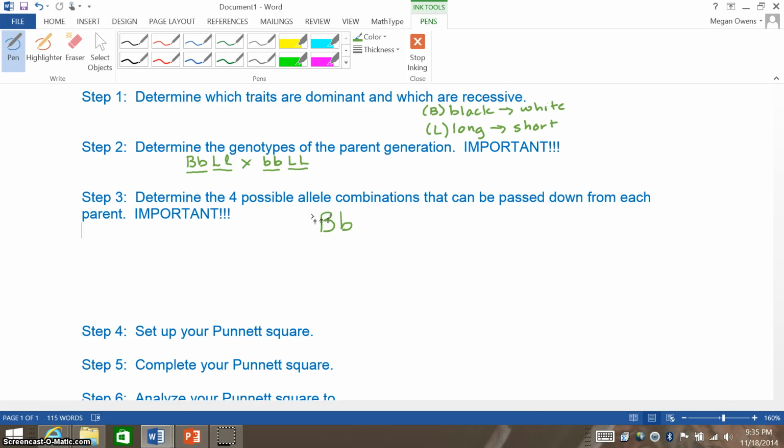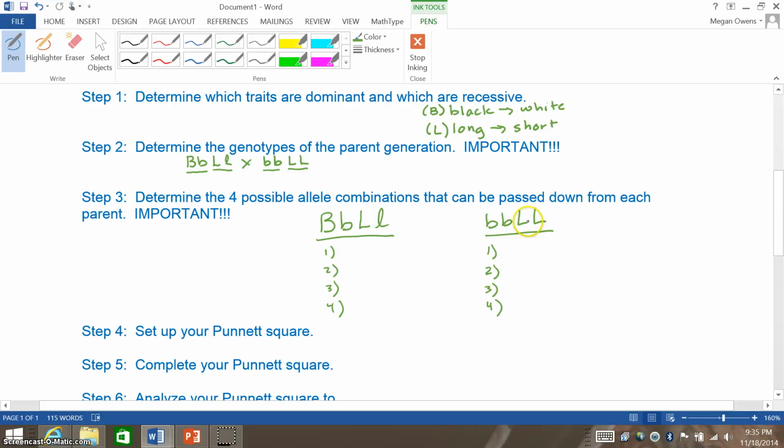So parent 1 was big B, little b, big L, little l, and parent 2 was little b, little b, big L, big L. I know that for each parent, I will have 4 possible allele combinations that can be passed down.